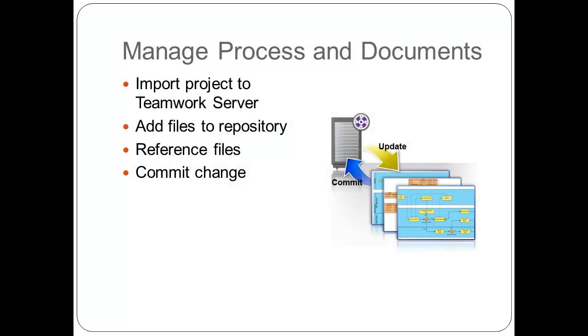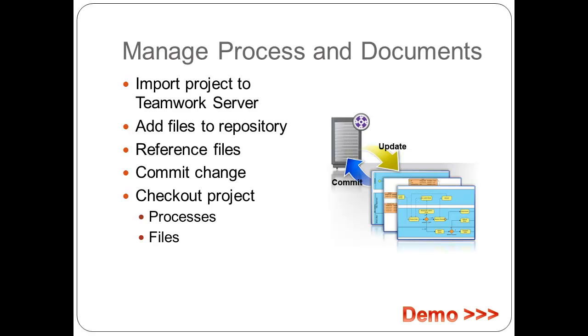Then I will show you how to commit the change, and then fire up another business process to demonstrate another person in your team who will check out the projects, and both of you and the new team member can see things without sending email back and forth. Okay, let's see how it works.